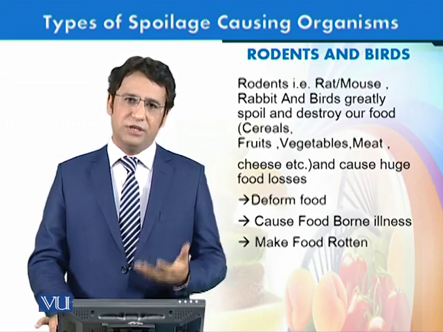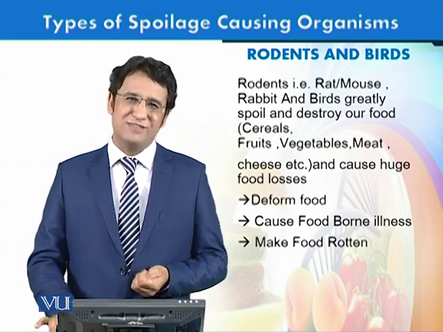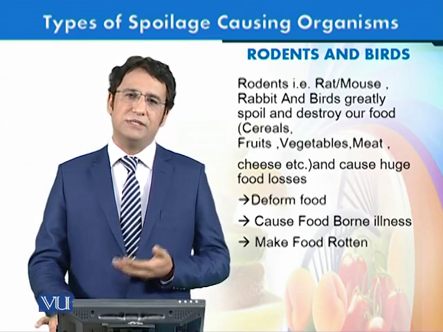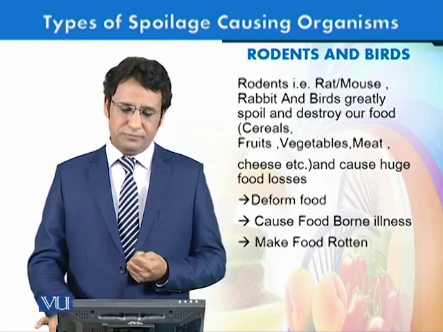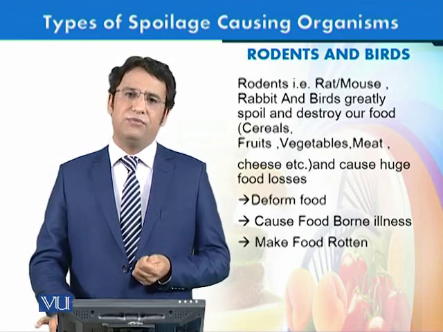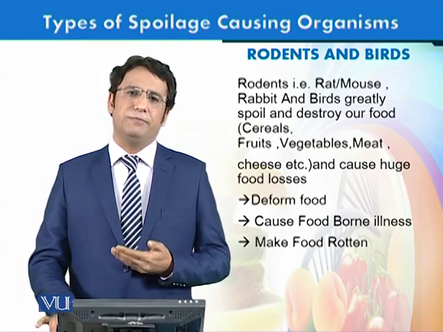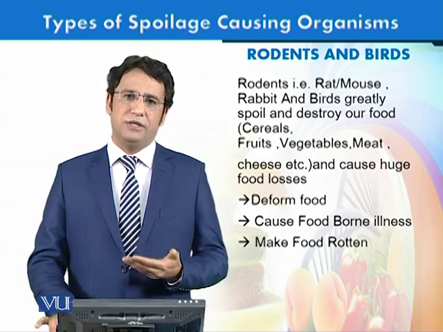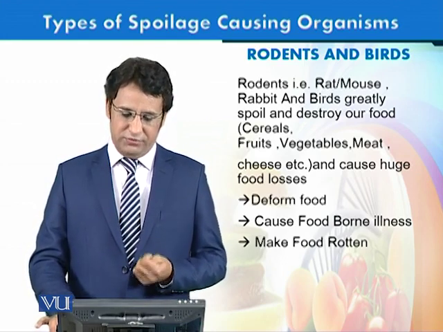They can change the shape of the food when they eat it or consume it. They also cause foodborne illness. There are a lot of diseases that are transferred through rodents and from birds as well, because birds would be affecting your production in the field. They would be attacking many of the grains in the field.